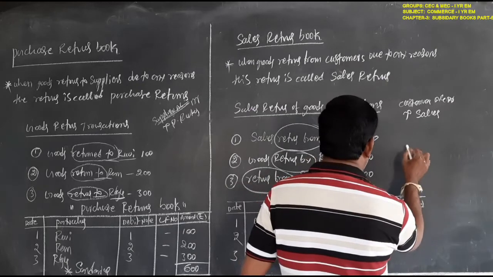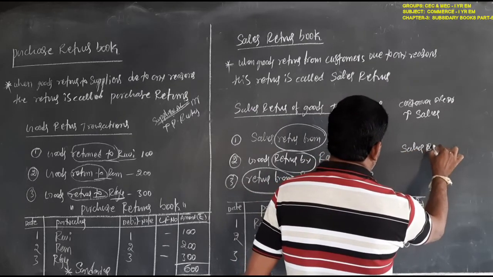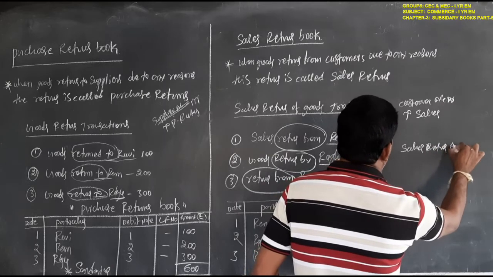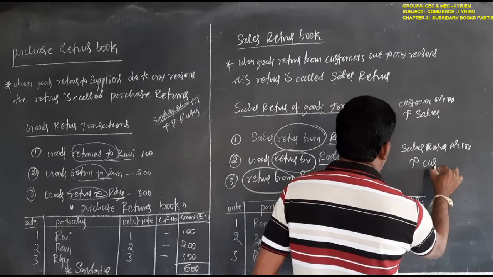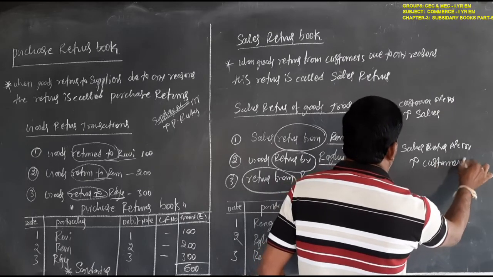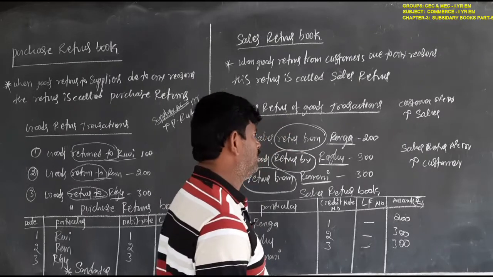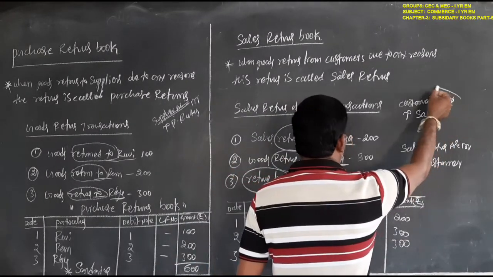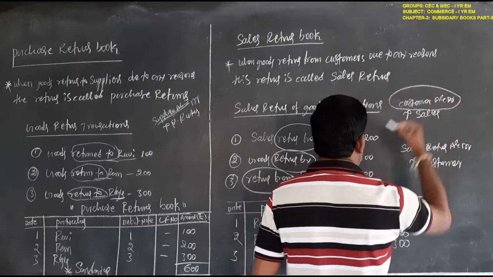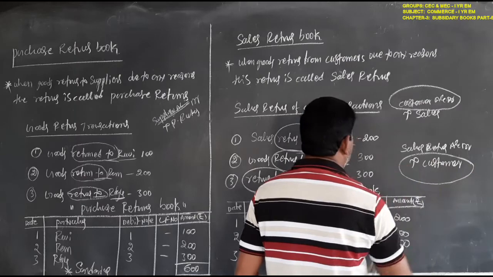Now for sales returns: sales returns account debit to customer account. This is the entry. And why is it called credit note? In the previous entry, the customer name was debited. Now the customer name will be credited.